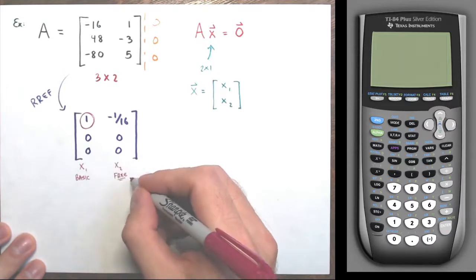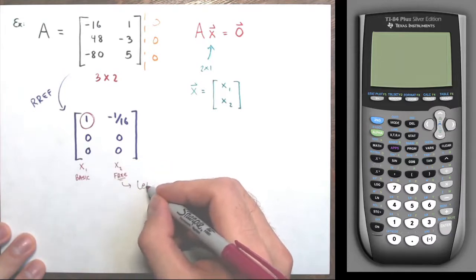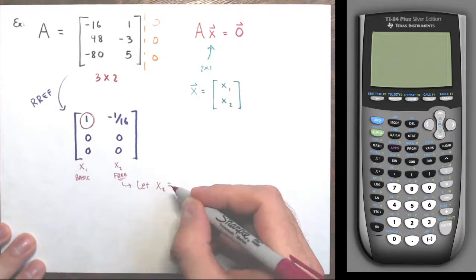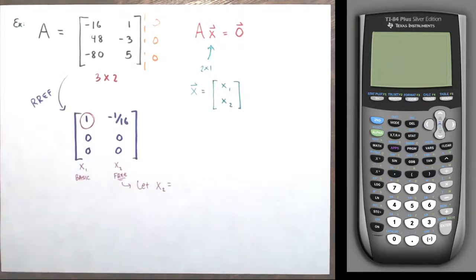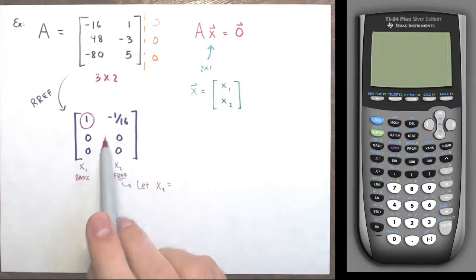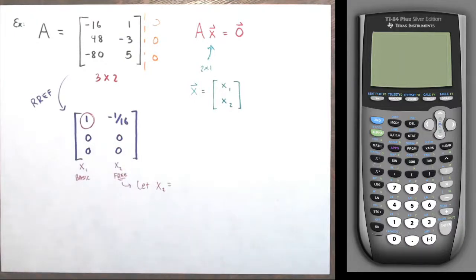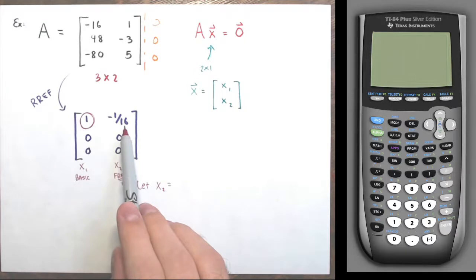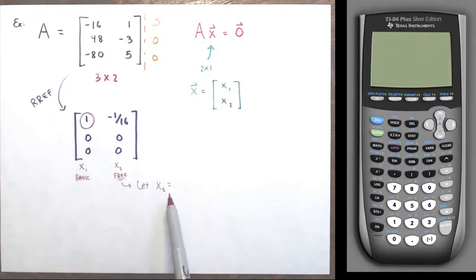Alright, now as I like doing, I'm going to replace x2 with an expression that can be any real number. Now you've seen me do in past videos something like this before when there were fractions involved, like I have here, negative 1/16. I could replace x2 with just t, like I usually like, but just because there's this fraction coefficient of x2 here with a 16 in the denominator, I'm going to replace x2 with some expression that'll get rid of that.